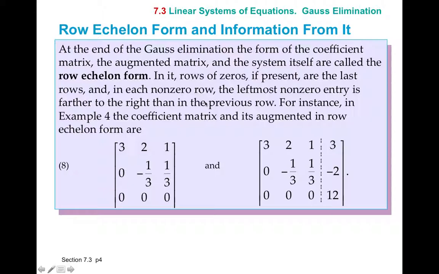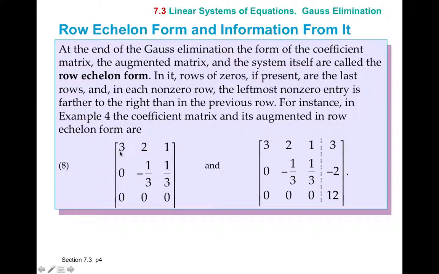Now, row echelon form. If you remember, as we do our Gaussian elimination, the goal is to get a series of rows where the first row has a non-zero first element, and in the second row the first element is 0 and the second element is non-zero, and so on. We've gone through and done a Gaussian elimination on either a square matrix or an augmented matrix, and once we complete this process, it is referred to as row echelon form.